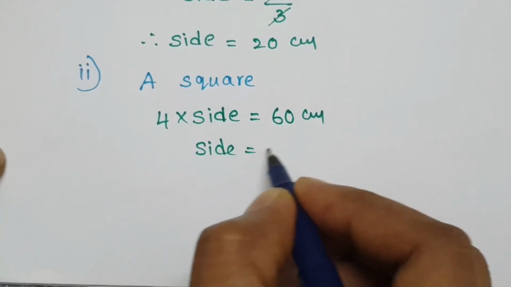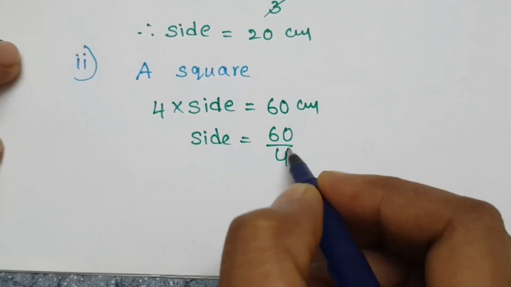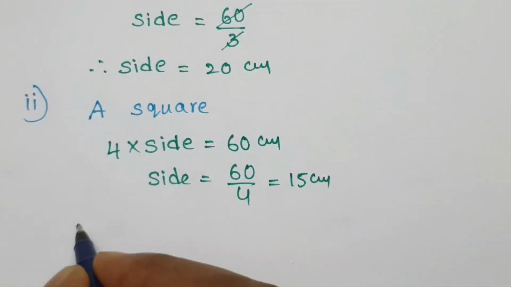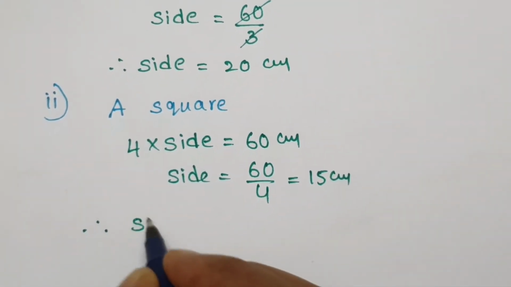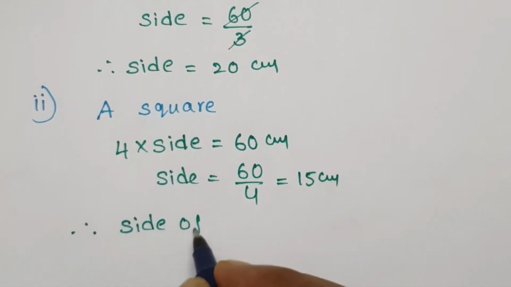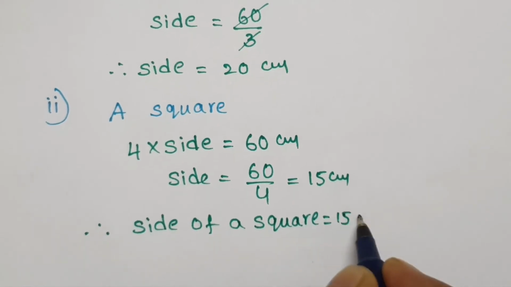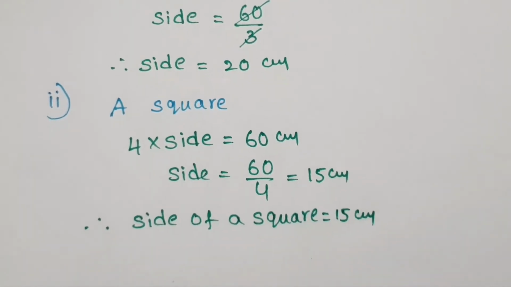Side equal to 60 by 4. Do cancellation, we get 15. Therefore, side of a square equal to 15. Next.